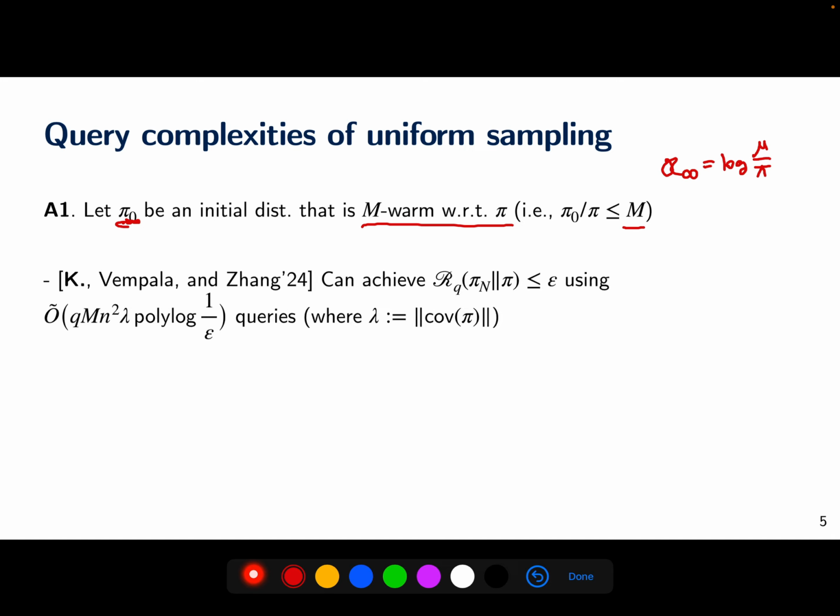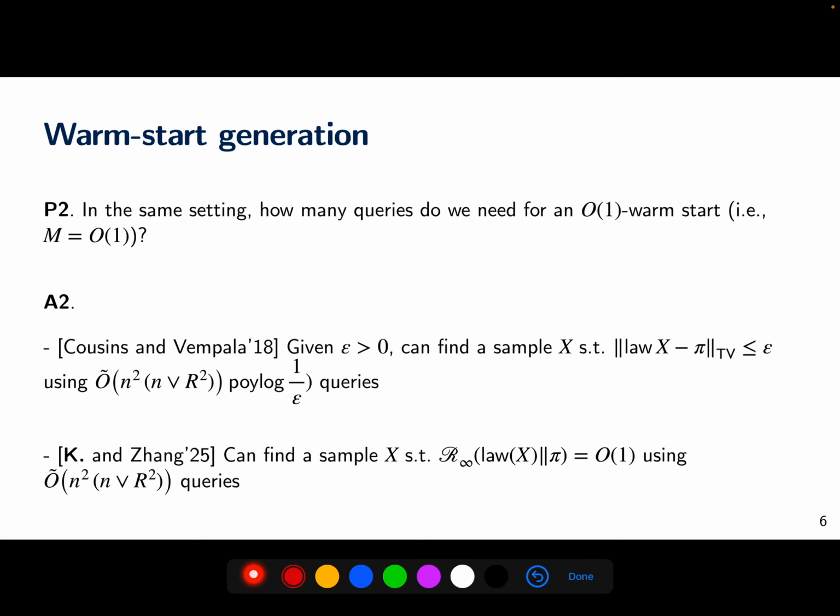And the answer is by Kook and Vempala, and there is also a refined result by Kook and Zhang. Basically, using this many samples, n squared times the maximum of n and R squared, you can find a sample X which is O(1) close to phi in Rényi-infinity.